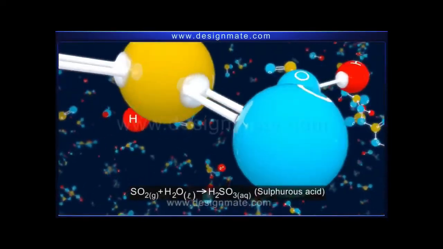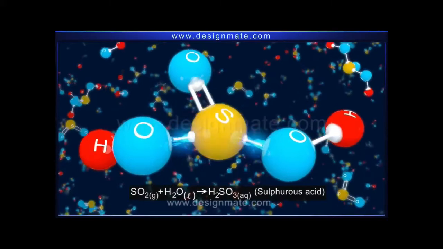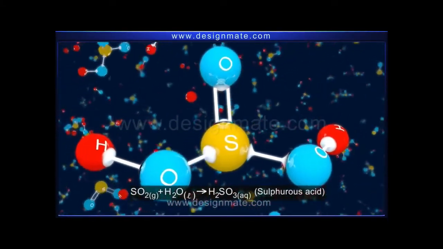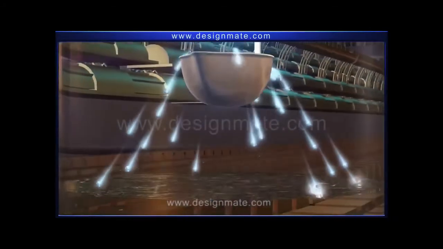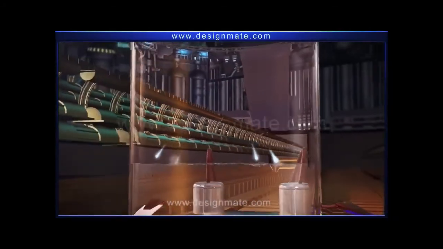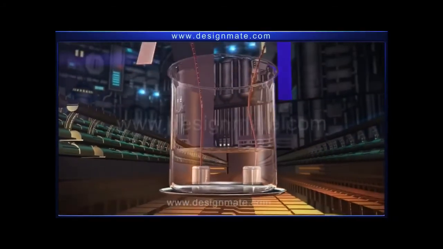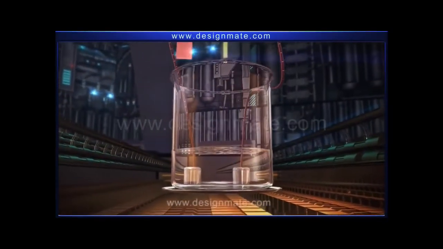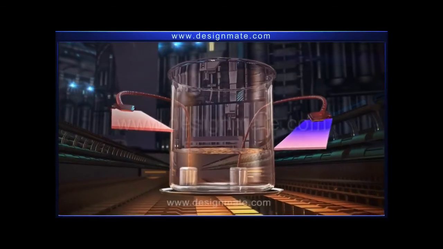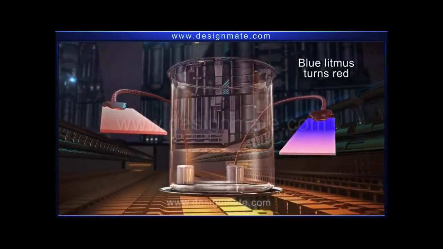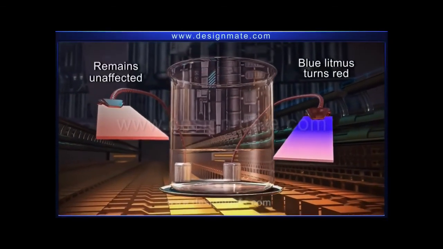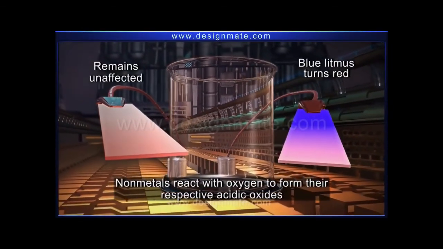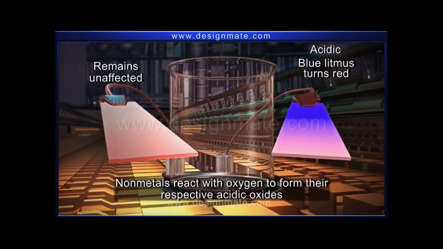This trapped gas now dissolves in water, resulting in the formation of sulfurous acid. This is verified by immersing red and blue litmus papers into this solution. The blue litmus turns red, while the red litmus remains unaffected. Thus, nonmetals react with oxygen to form their respective acidic oxides.